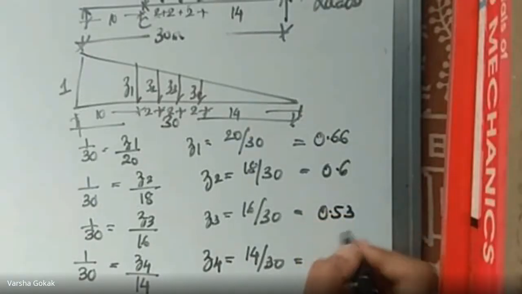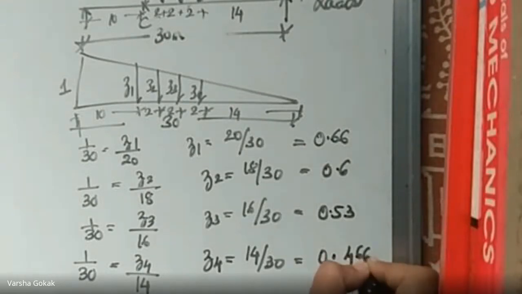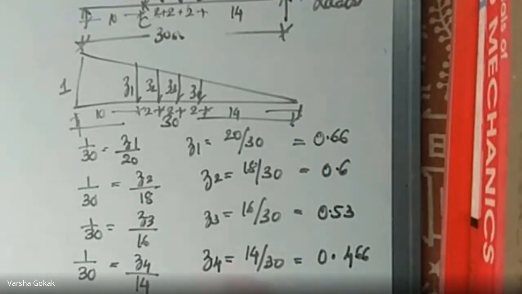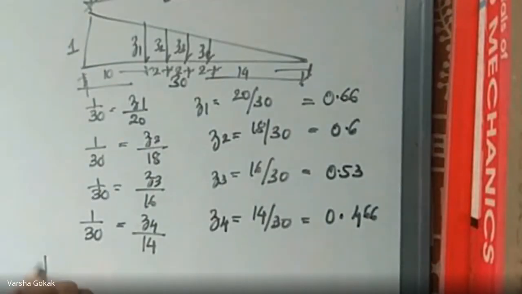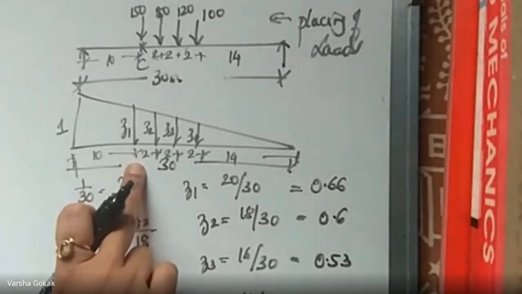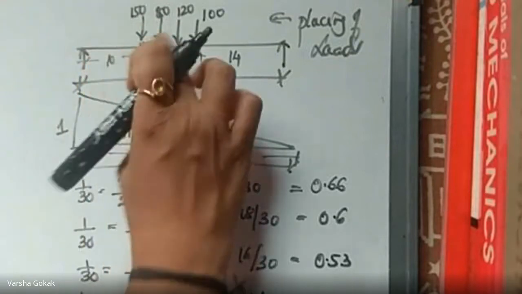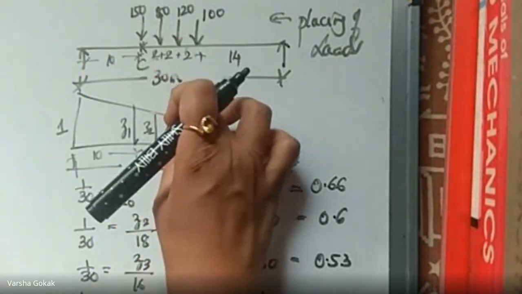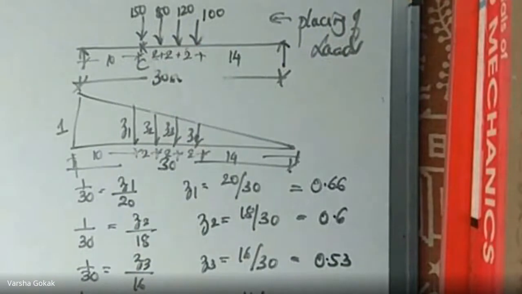0.66, 0.6, 0.53, and 0.466. Thanks, Pragati. Okay, so you find the ordinates. And then if I want to find the maximum positive shear force at C, it is going to be 150 into Z1 plus 80 into Z2 plus 120 into Z3 plus 100 into Z4.